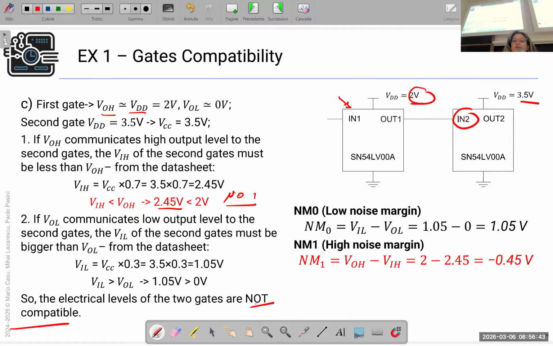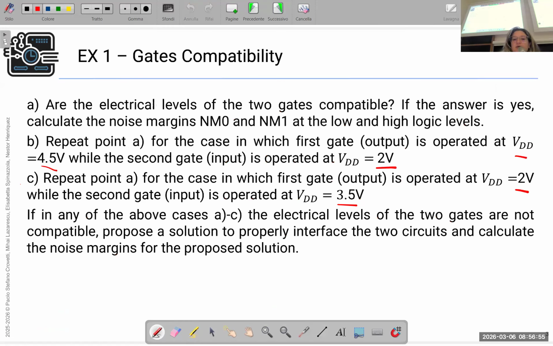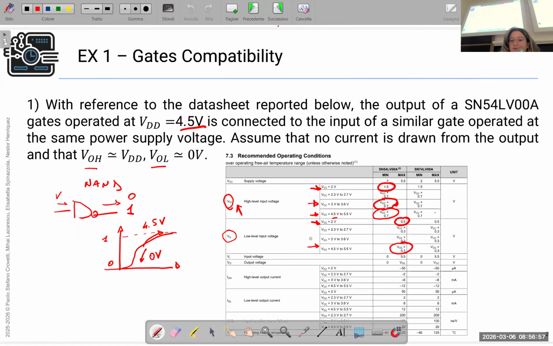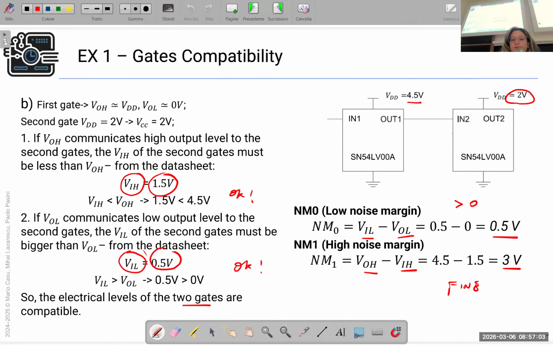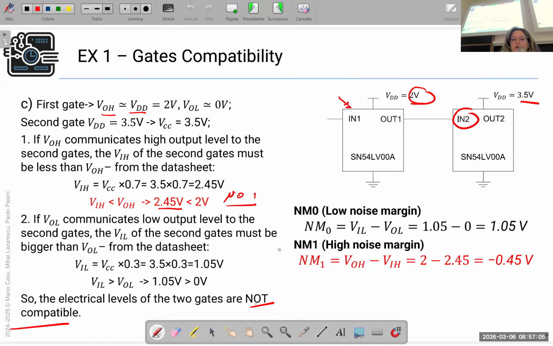In fact, just for clarity, let's see what happens at the low level. We have again 3.5, and we have to see the voltage input at the low level. Let's see it from the datasheet. It's here, and we have VCC multiplied by 0.3, which is equal to 1.05.